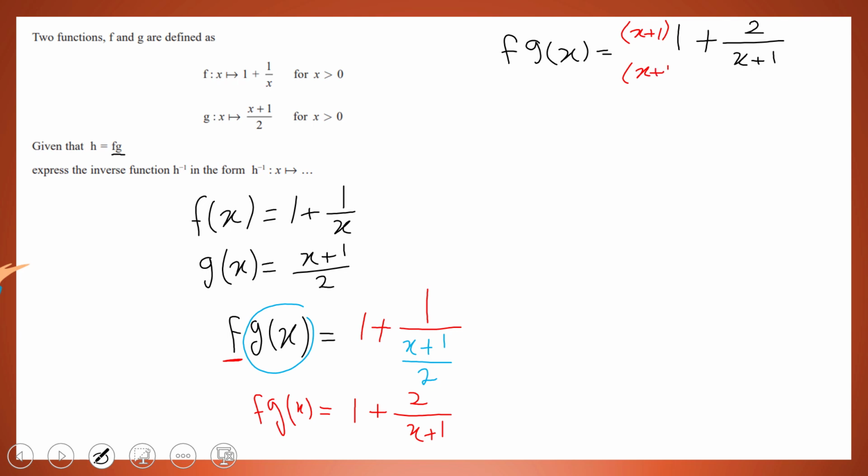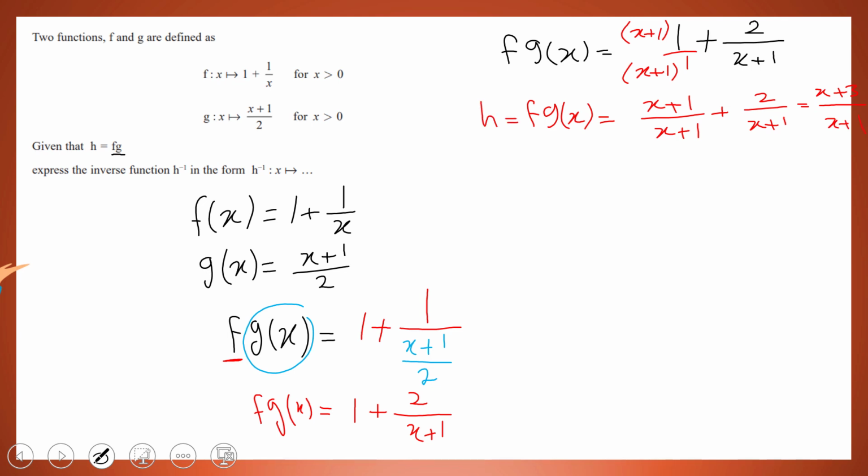And then the composition is going to be x plus 1 all over x plus 1 added to 2 over x plus 1, and we can simplify more. I'm just finding h first, so it will be x plus 3 all over x plus 1. This is the composition, which is the function h.